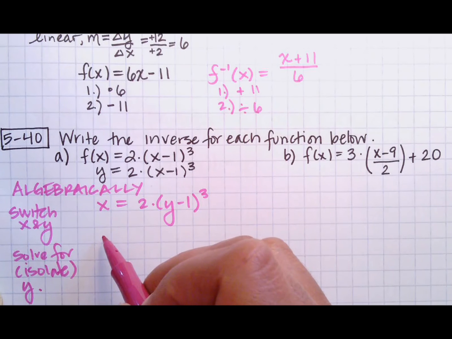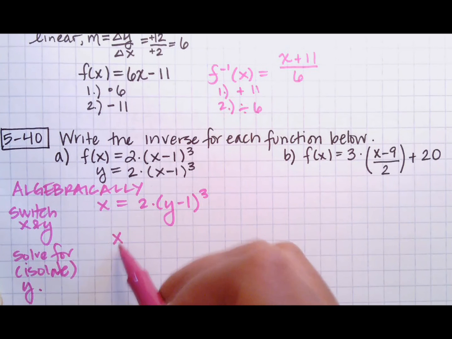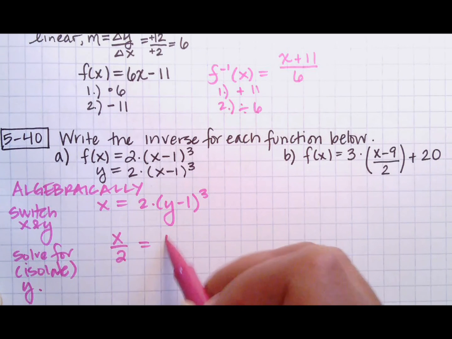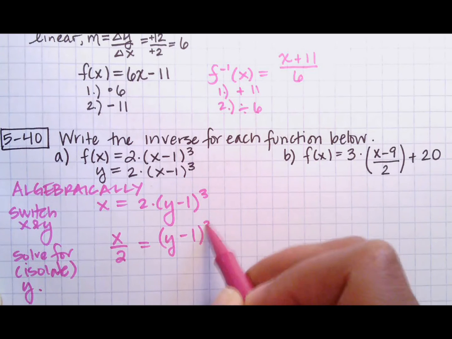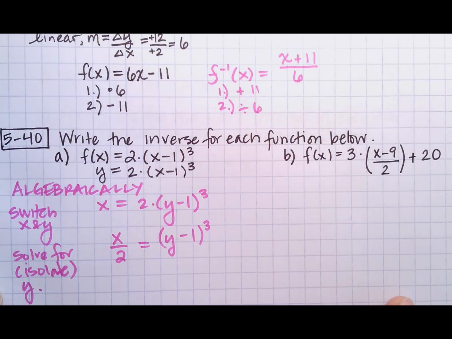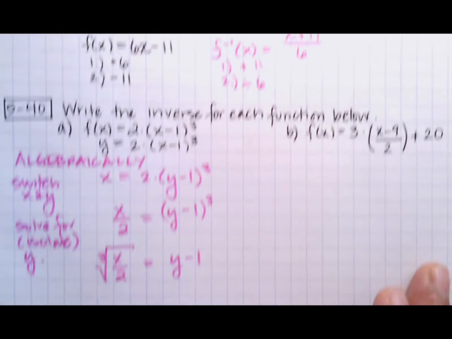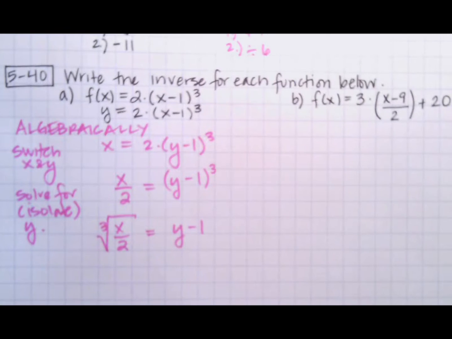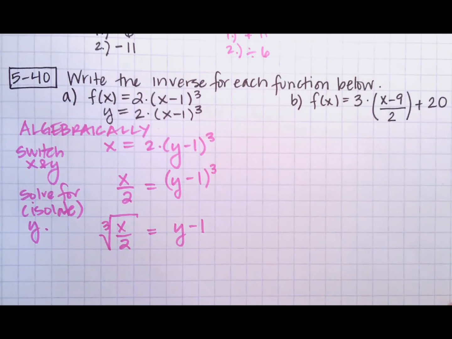The first thing I would have to do is divide by 2 to get y by itself. But now we still have y minus 1 cubed. In order to undo this, we have to take the cube root of both sides. That undoes something cubed, and the cube root of the other side just leaves y minus 1. There's no absolute value because a cube root, and so does a cube, preserves any negative, so we don't take out the absolute value.